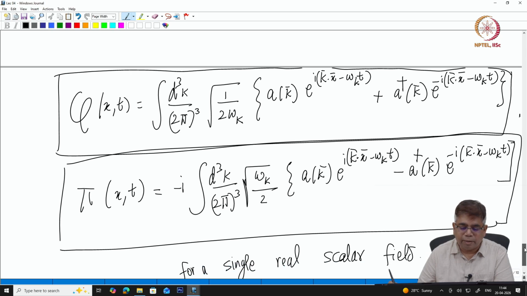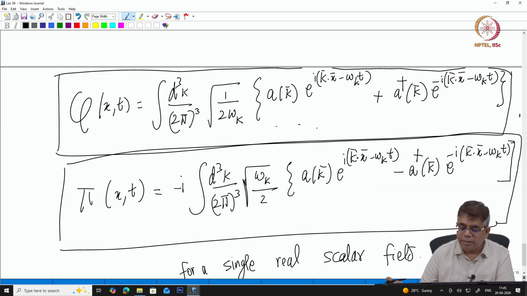So with this we have motivated that the canonical quantization conditions in terms of phi of x,t and pi of x, and the equal time commutation relations which we have written down earlier, can be re-expressed, essentially equivalent to writing the fields pi and phi of x,t in terms of these series of harmonic oscillators in momentum space, a of k, a dagger of k and a of k bar and a dagger of k bar.